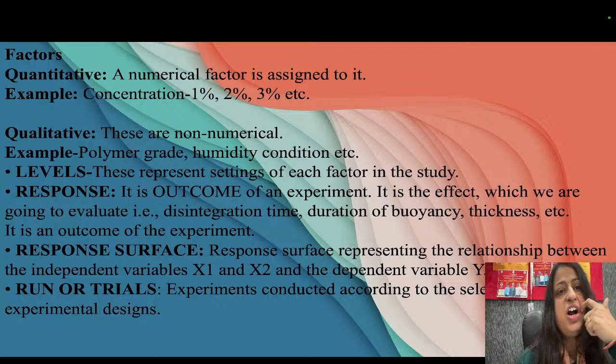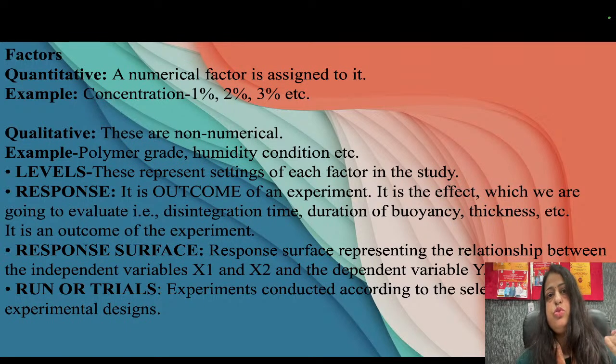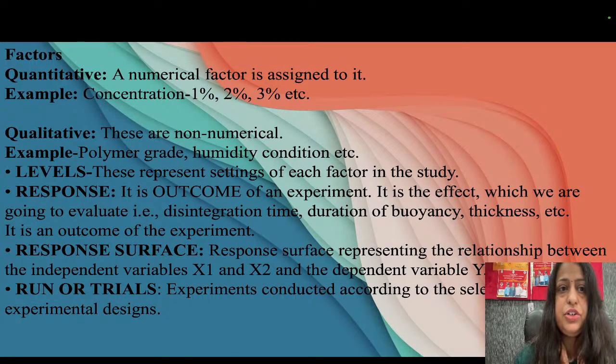If I talk about the numerical factor, then it is the quantitative factor, right? Here we can take the concentration, either 1, 2, 3, where I am talking about the numerical. Okay, it can be numerical, it can be category. So when I am talking about numerical, it can be concentration, amount, or quantity, where we mention a particular quantity.